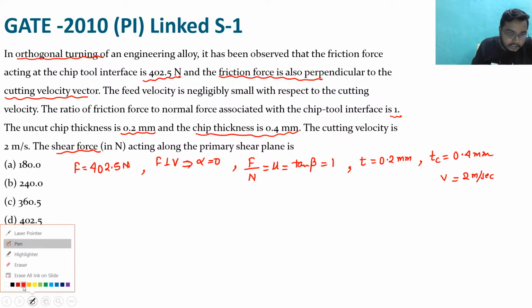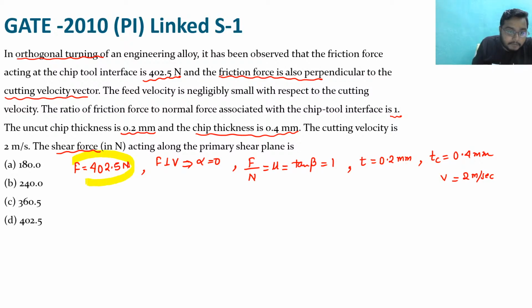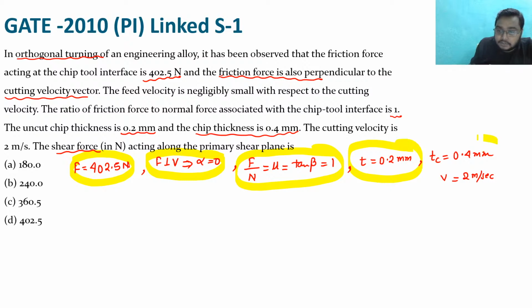So see what data has been given. First, the frictional force is given, and this data implies that alpha is going to be 0. Next, uncut chip thickness is given, chip thickness is given, and the cutting velocity is given.